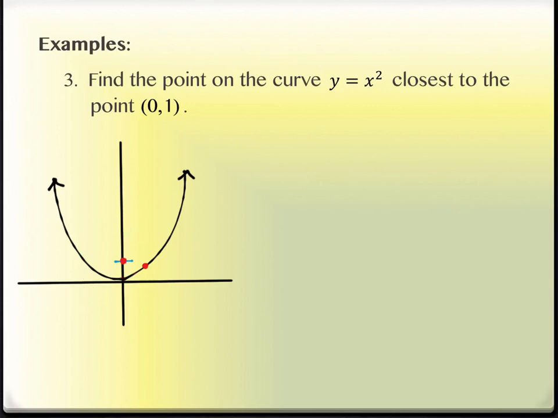And in fact, because we have a parabola, and we know a little bit about the parabola's equation being y equals x squared, we know right here this point is at (0, 0), right? And so that means the distance from the point down to the origin, right here, is a distance of 1, correct? And if we go straight out to the side, we have the same thing happen.